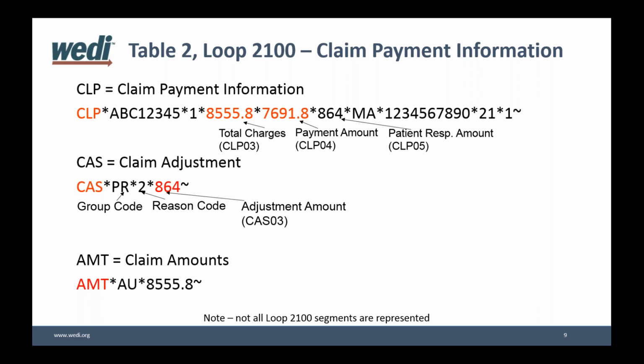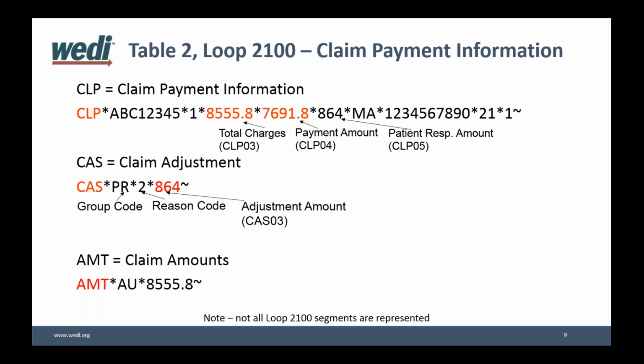As most of you probably know, a CAS segment can report more than one adjustment associated with each group code, or more adjustments for other group codes. But in the case of patient responsibility, there could be other dollar amounts, patient responsibility 1 or 3, or other claim adjustment reason codes that are reported as patient responsibility. The sum of all of those would be reported in CLP05.